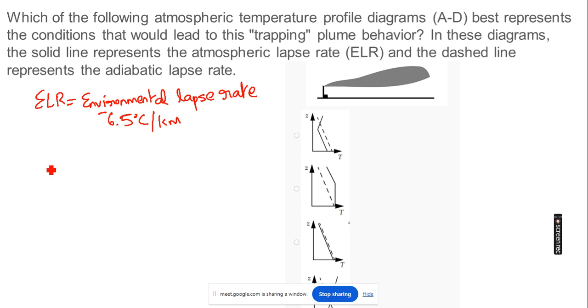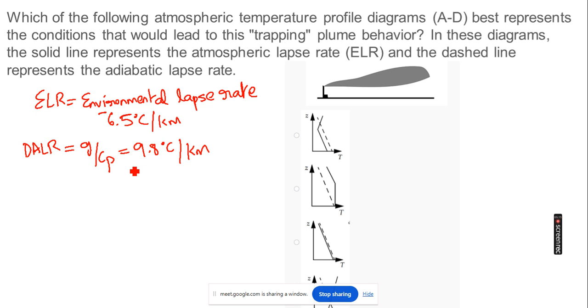This is what is known as environmental lapse rate. And then we learned the dry adiabatic lapse rate, which is given by g by Cp, having a value of around 9.8 degrees Celsius per kilometer.